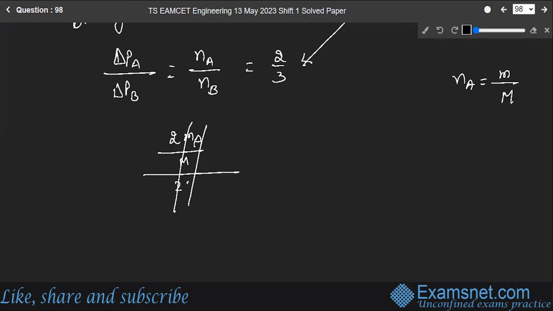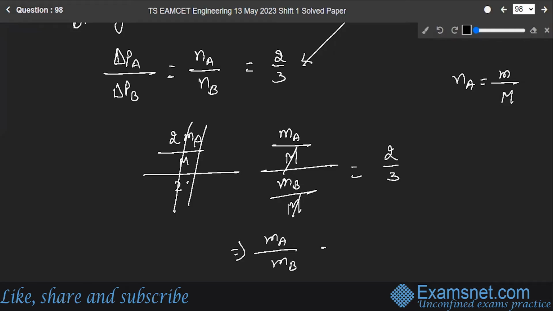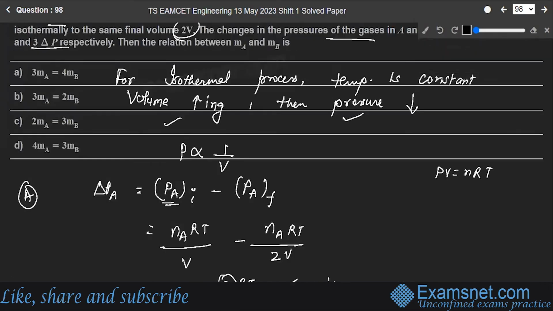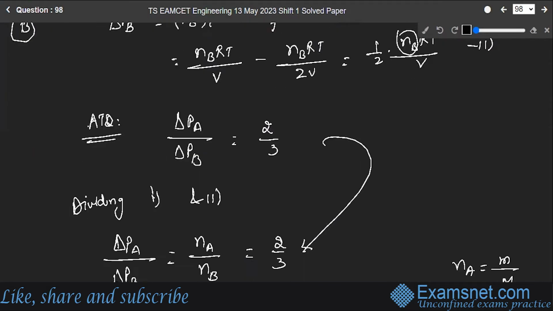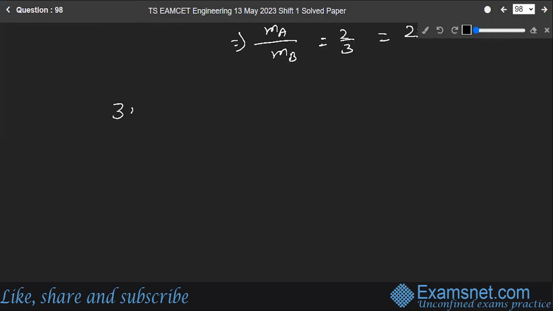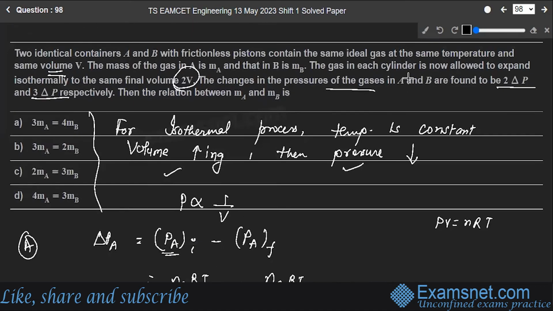And similarly, for this, it is MA upon M, divided by MB upon M. This is equal to 2 by 3. M and M will cancel. So you will have MA upon MB is equal to 2 by 3. So this is equal to 2:3. And okay, you are having some this type of relation. So this can be written as 3 MA is equal to 2 MB. So this is the right answer to the question, 3 MA is equal to 2 MB. You have option B as the correct answer.